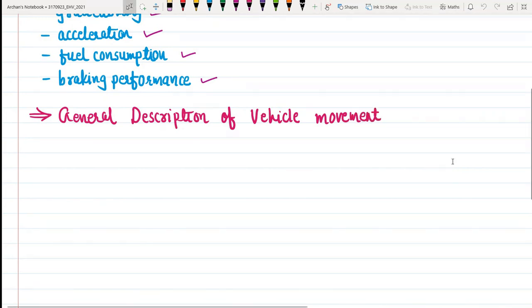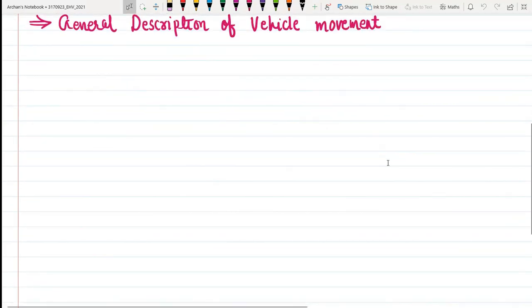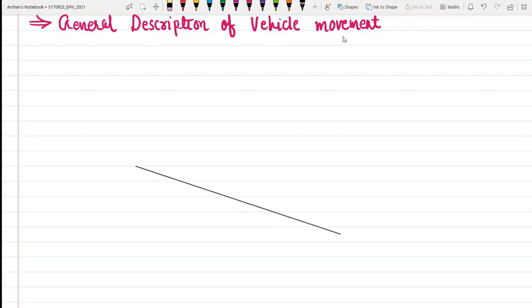Now consider we have one particular vehicle, and that vehicle is moving upward.